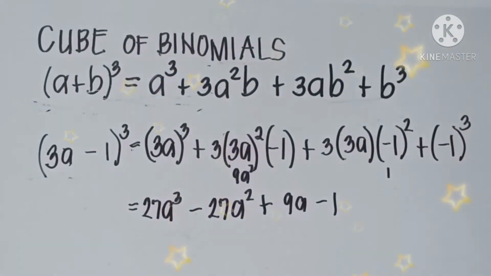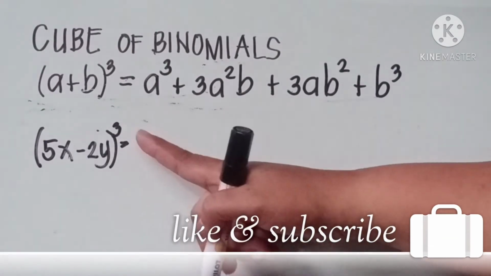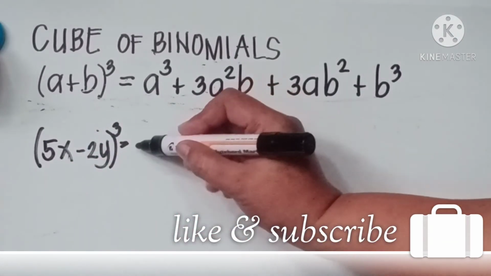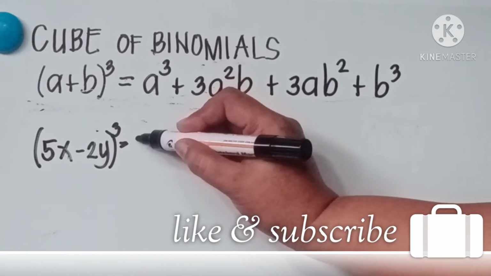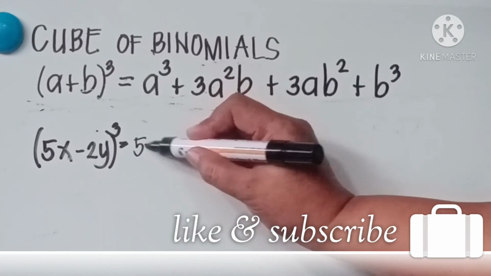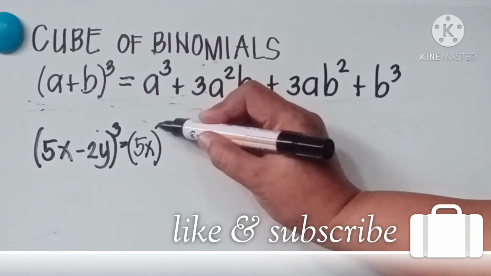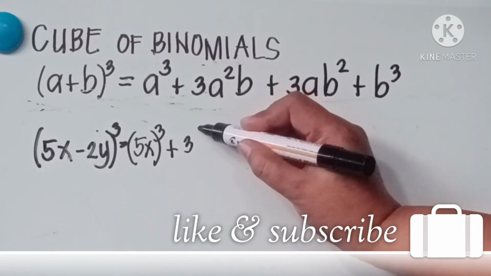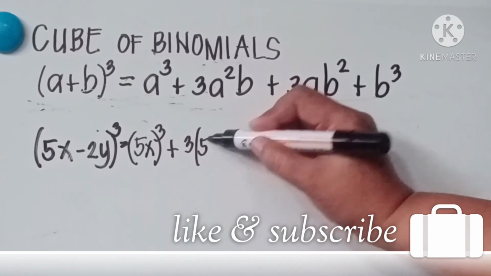Okay, so, last example. Last example is the cube of 5x minus 2y. So, this is, of course, cube the first term, 5x. So, yan. Then we have 3 multiplied by a, which is 5x.